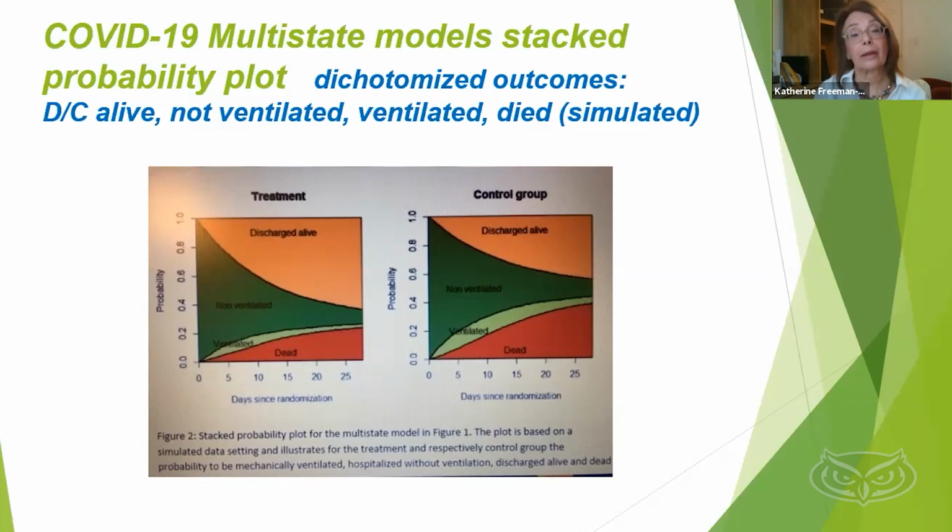The area under the curve is greater among those discharged alive in the treatment group as opposed to the control group. But you have a way of communicating to the lay audience, and even epidemiologists and biostatisticians, the crux of what's going on. This is not a statistical analysis, but it's a way of communicating a finding.